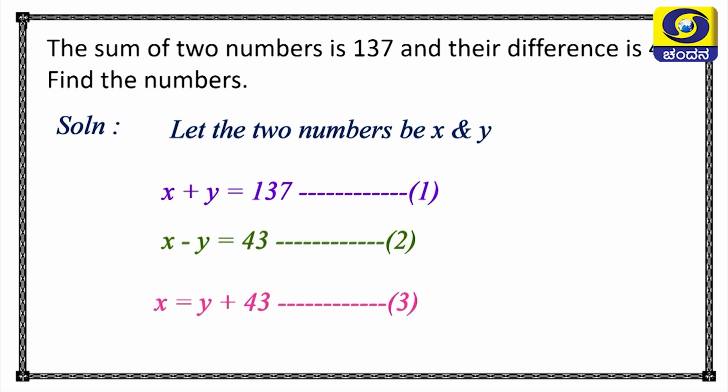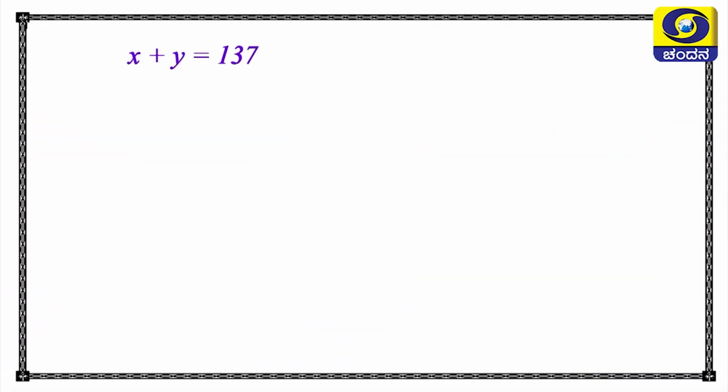Now substitute the value of x in equation number 1 or in equation number 2, children. Here I will substitute the value of x, that is equation number 3, in equation number 1, so that we will get x plus y is equal to 137.